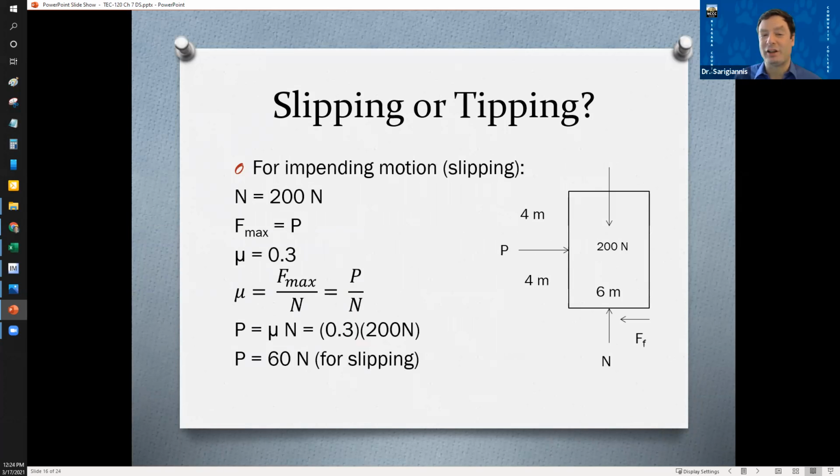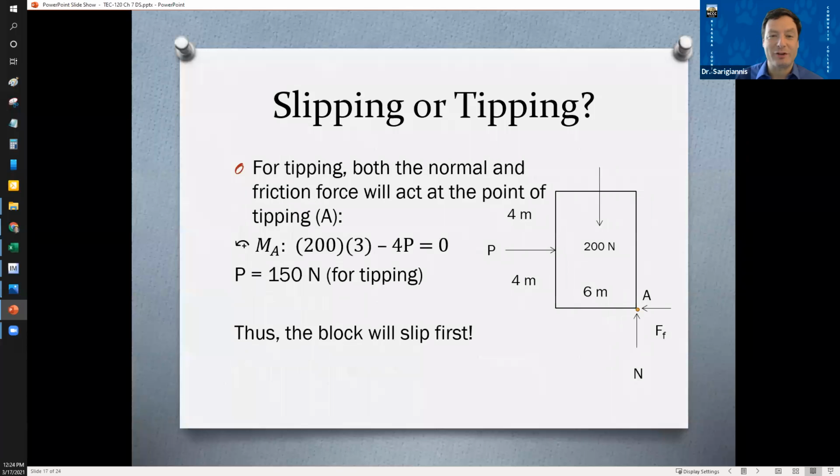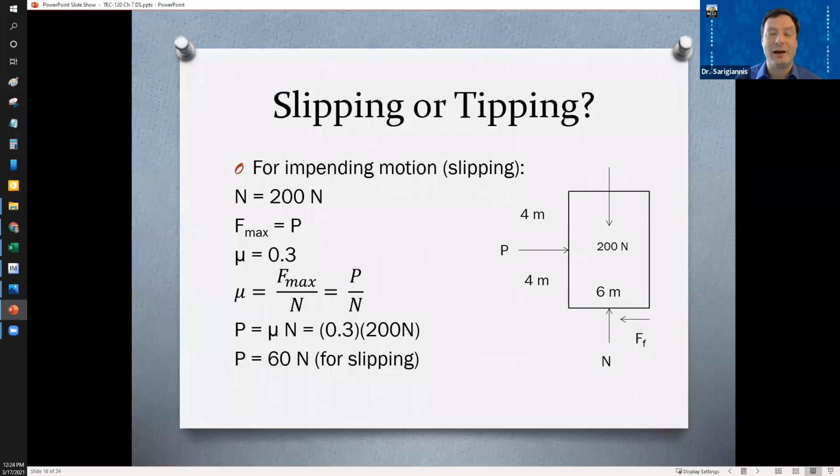So let's look at this for a few different scenarios. Let's look at this for the scenario of impending motion. So slipping. In the case of slipping, you've got a weight, 200 newtons.